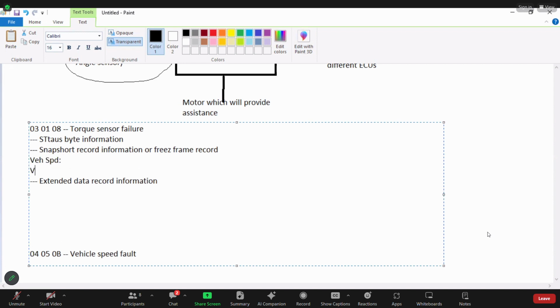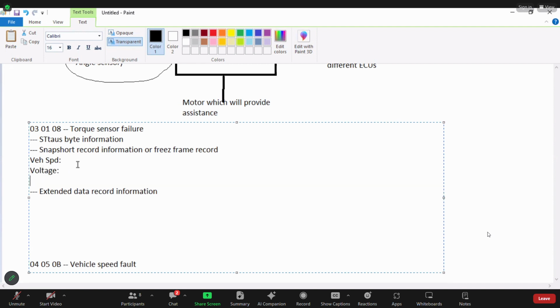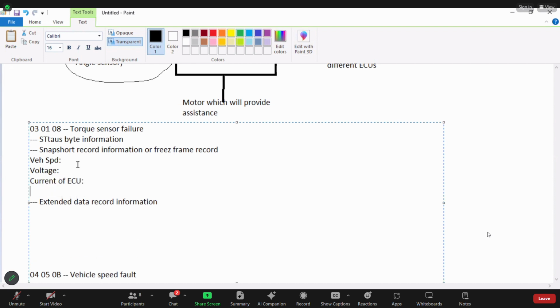What was the voltage of the ECU at that time? What was the current of the ECU? What was the temperature of the ECU? What was the column torque value?